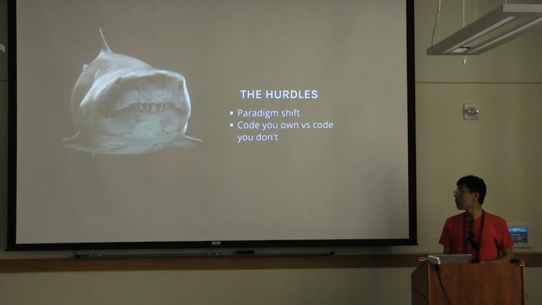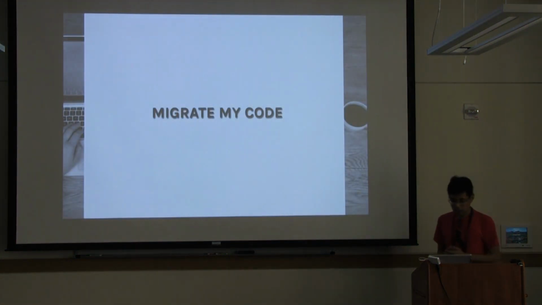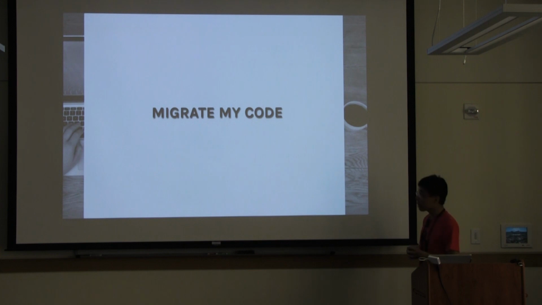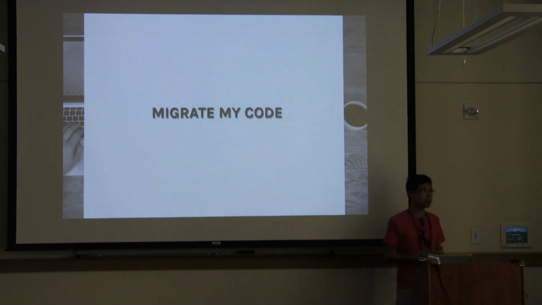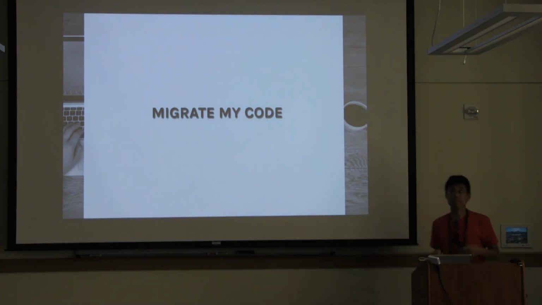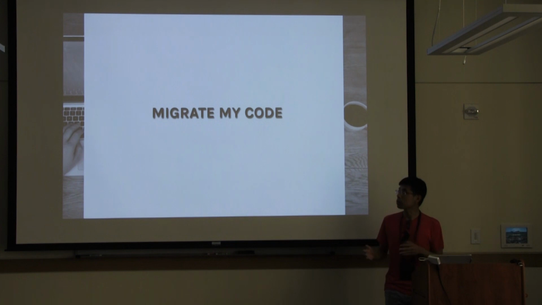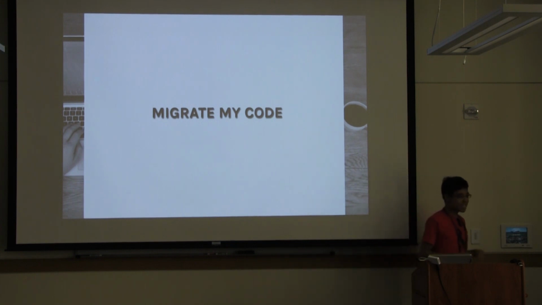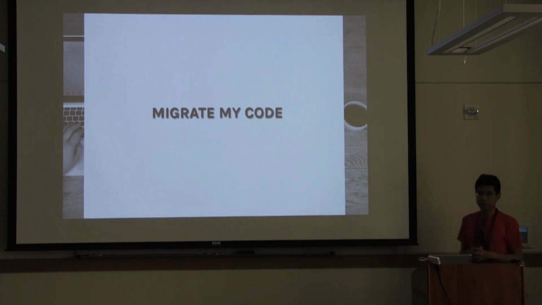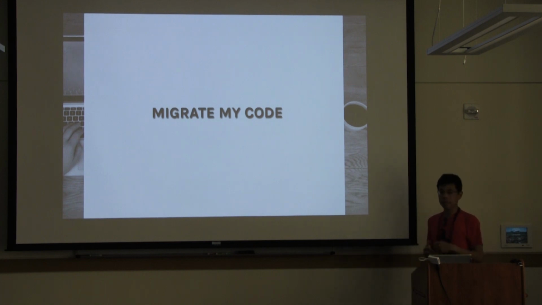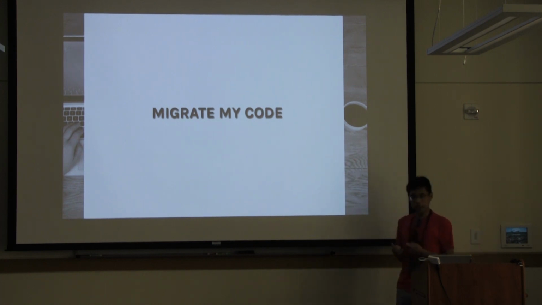So let's start with code that we own. Now, because it's code that we own, we can modify it. So we think that, well, it should be easy. Maybe we can just rewrite it once in pure code. But it turns out it's not so practical. Depending on the size of your project, it can take lots of time.